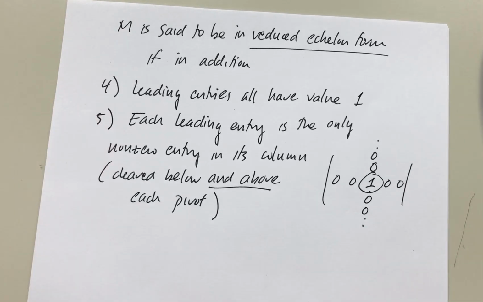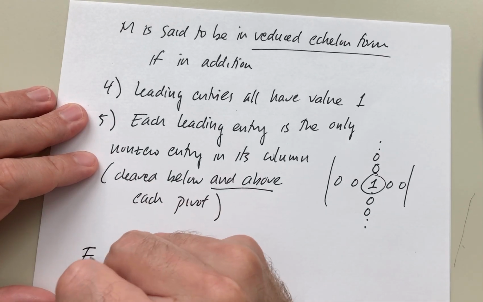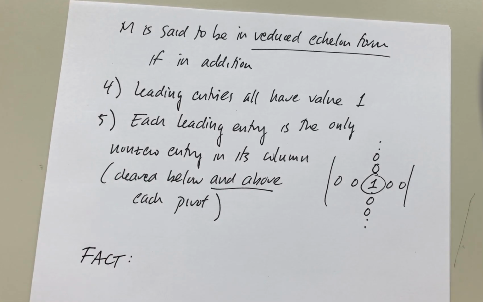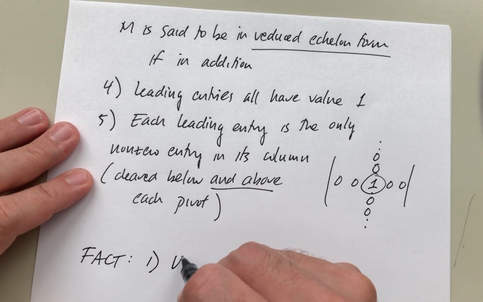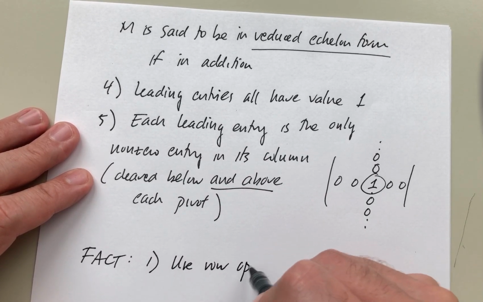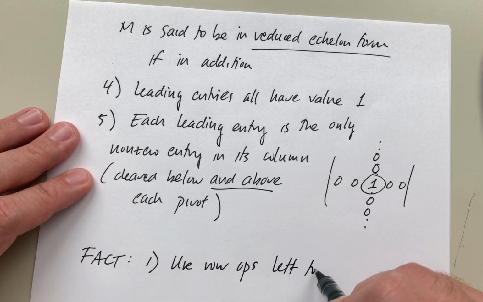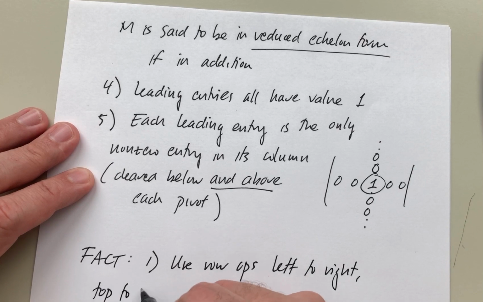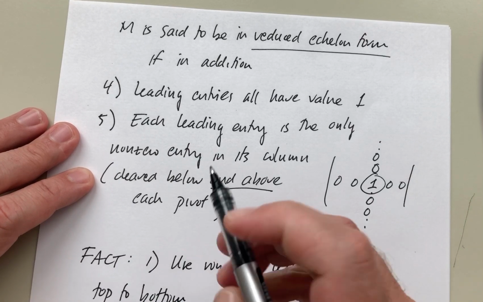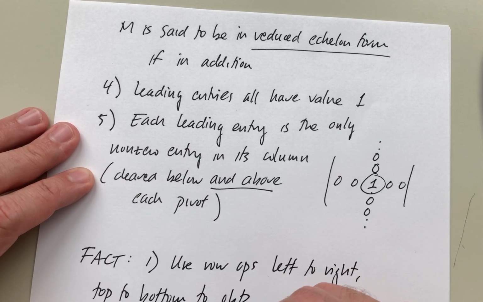Okay, so I'm going to do an example in a second, but maybe just a fact for now. We've seen this already before, but maybe say number 1 is we use row operations left to right, top to bottom to obtain echelon form.